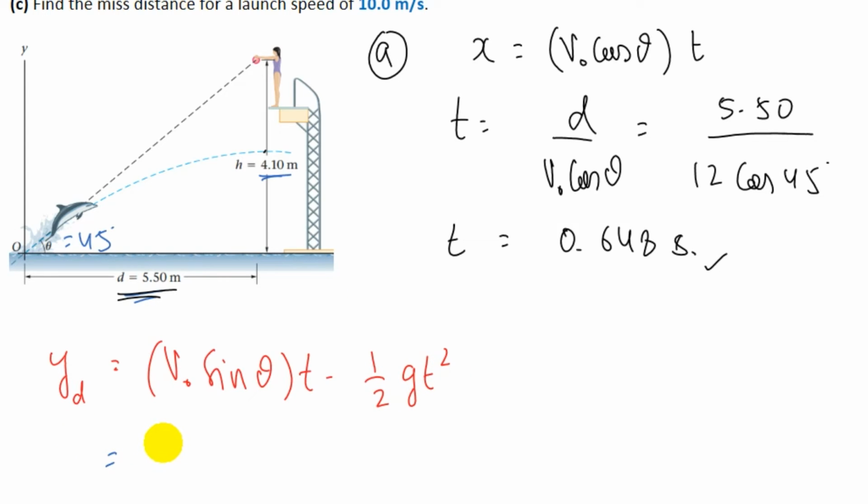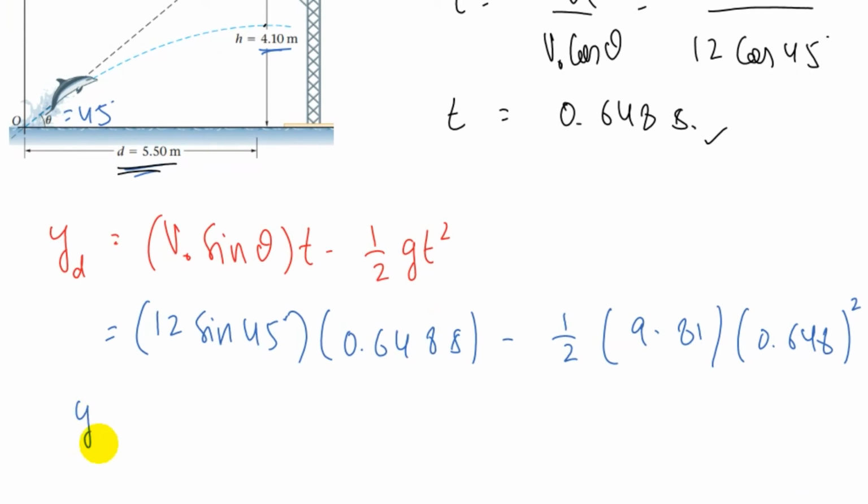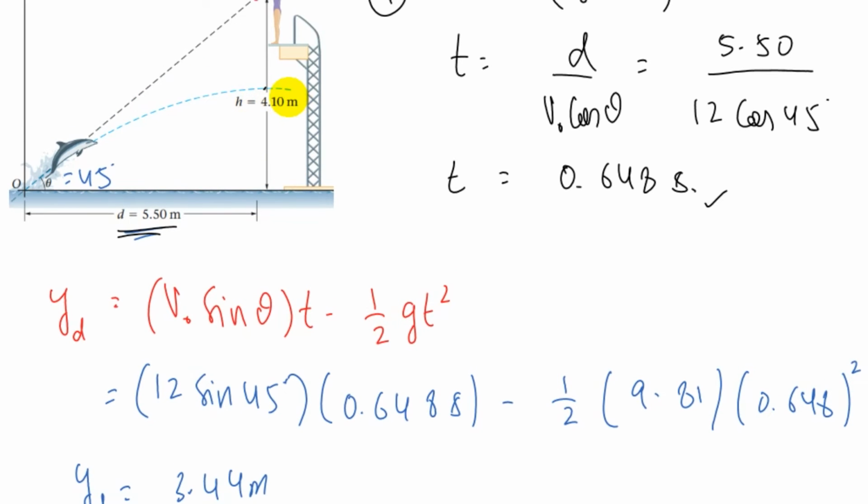V naught we have 12, sine theta we have 45 degrees, and time we have to take it to be 0.648 seconds, minus 1 over 2, g is 9.81, time is 0.648 seconds and its whole square. Now from here the yd comes out to be 3.44 meters. So the dolphin height at this position is 3.44 meters.